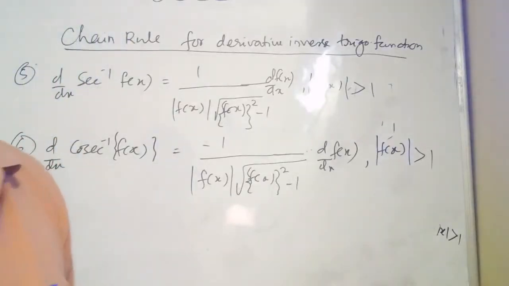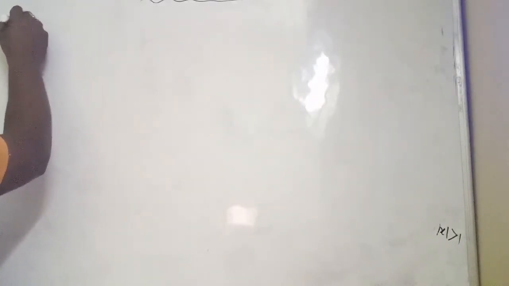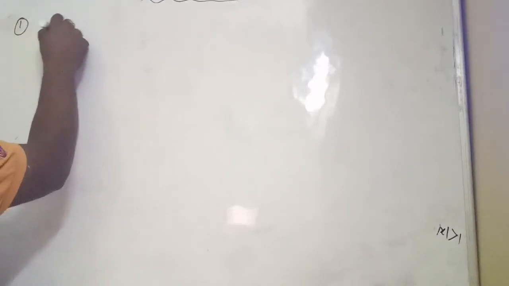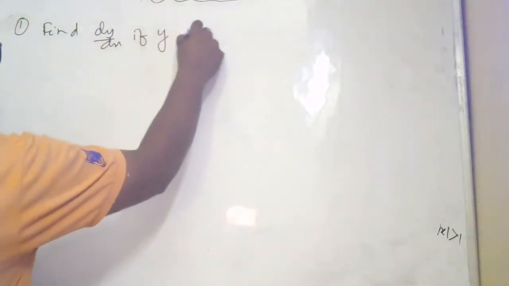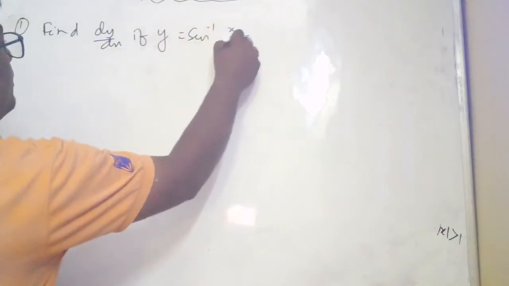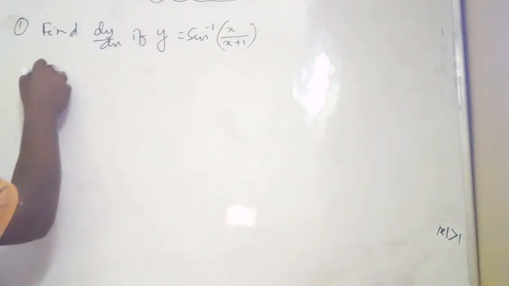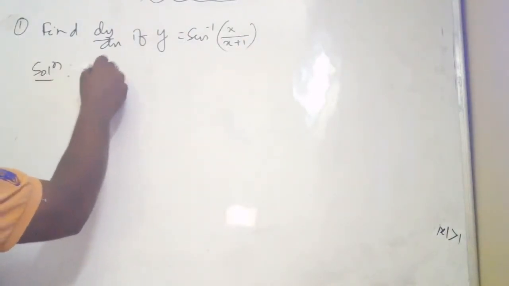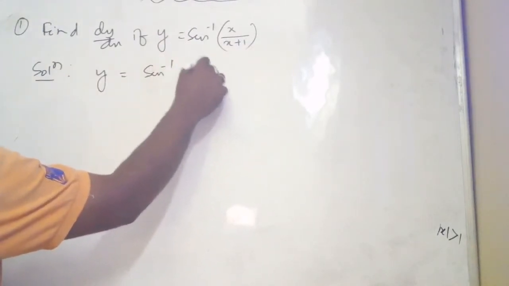now some problems related to the derivative of inverse trigonometric functions. Find dy by dx if y is equal to sin inverse of x by x plus 1. Simple. So the solution: y is equal to sin inverse of x by x plus 1.